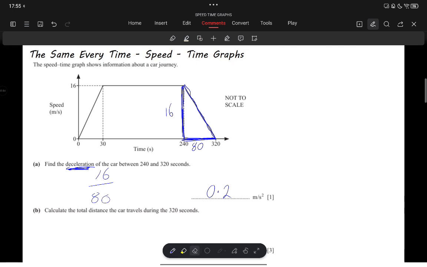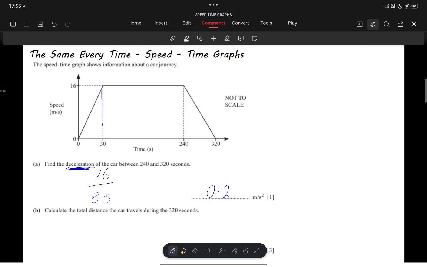So part B, calculate the distance traveled by the car during the 320 seconds. So that's the entire journey. Well, remember from the first video, distance traveled is the area underneath the speed time graph.